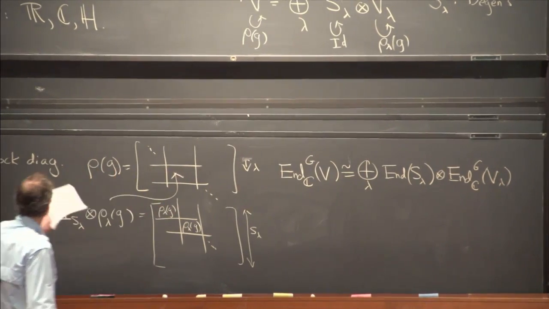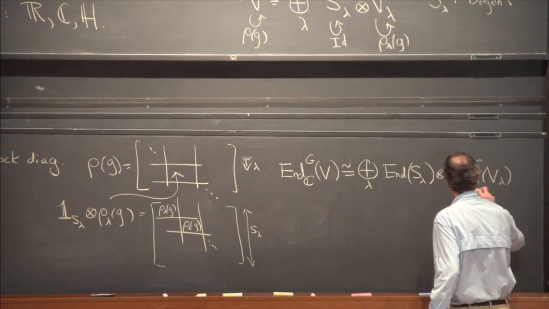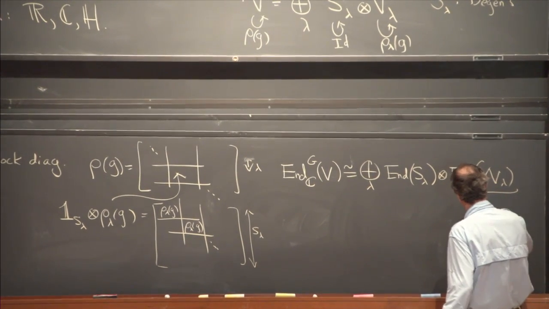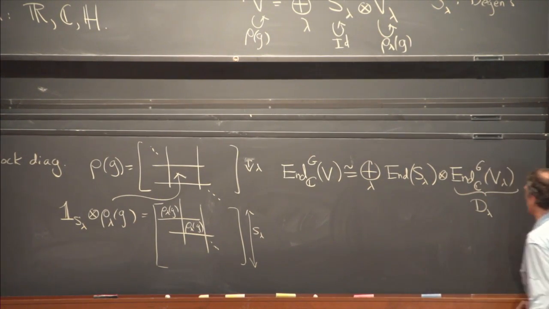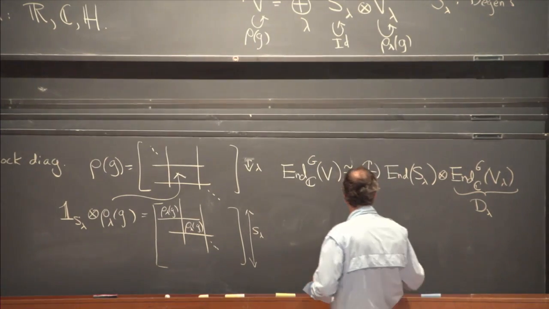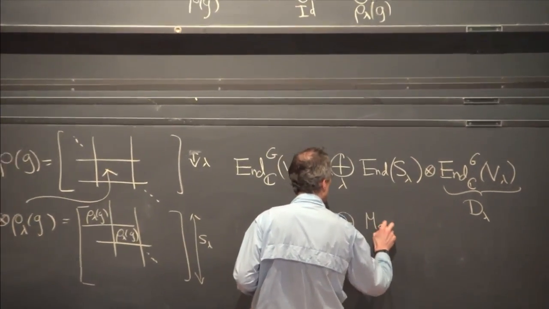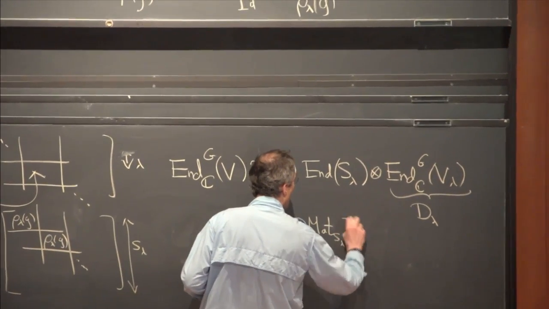But you see, by Schur's lemma, for each V lambda, this is a particular real division algebra, R, C, or H. I'll call it D lambda, the division algebra associated with V lambda. And so this is just equal to matrices over D lambda.